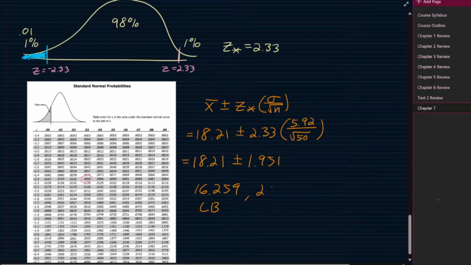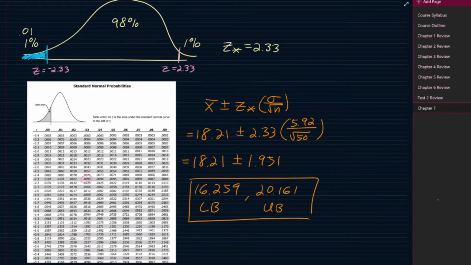That would be our upper bound for the 98% confidence interval. Most of the time, confidence intervals talk about 90%, 95%, or 99%, but of course, now I've taught you how to do it for any percent that they give us. So I hope those are some good examples.